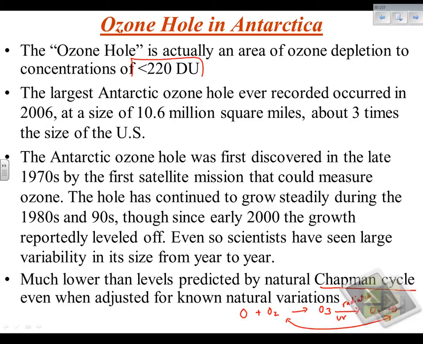And then what we're finding is that in the natural state, this is a steady state. In fact, no net change of O3 is seen. It undergoes decomposition, but it's also reformed. That's why it's called the Chapman cycle. All right. Now, the problem is that we have perturbed the natural condition.